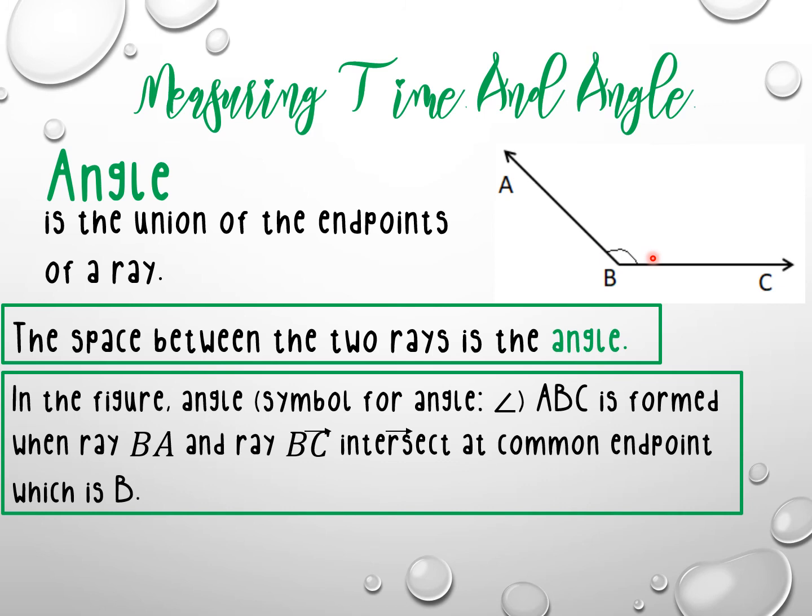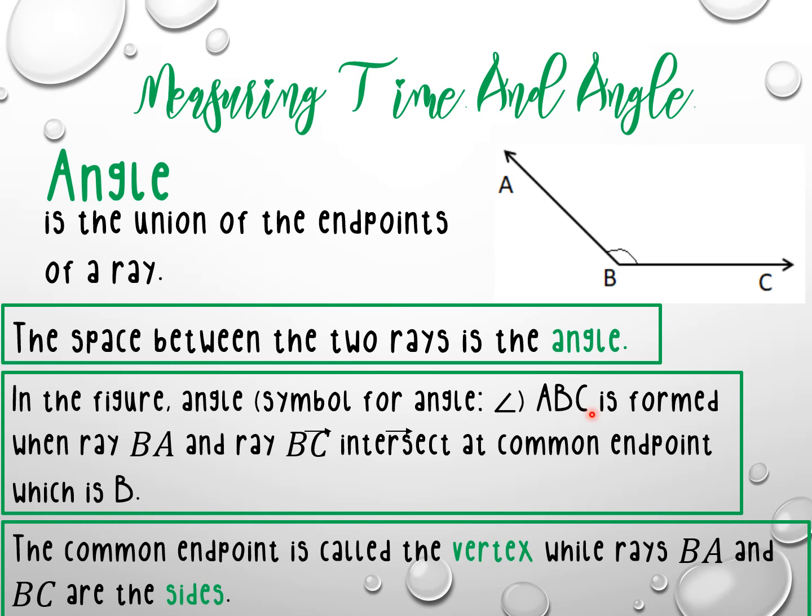Next, in the figure, the symbol for angle is like this one. Angle ABC is formed when ray BA and ray BC intersect at a common endpoint. Okay, so ang nabuo dito ay angle ABC. So babasahin natin siyang angle ABC.